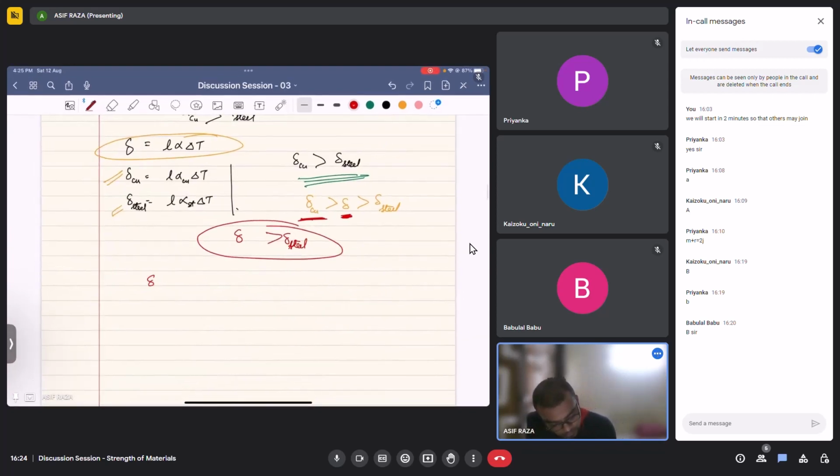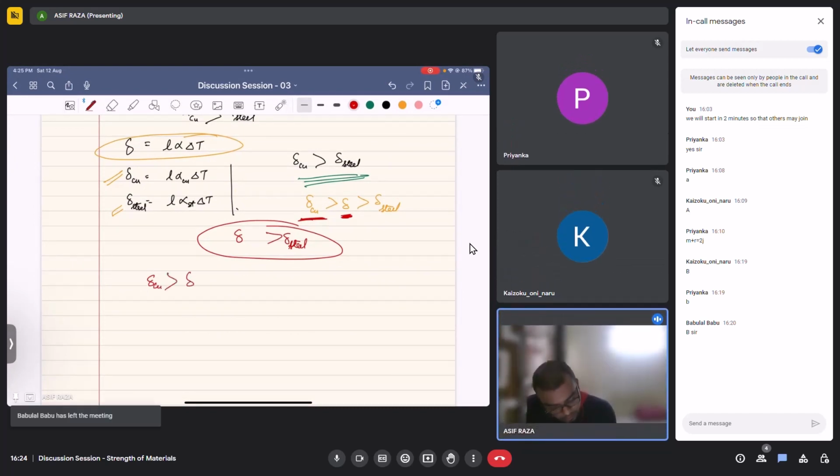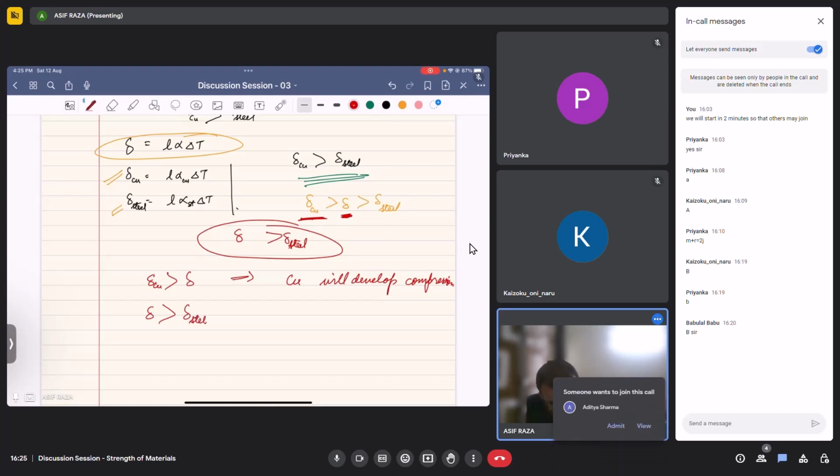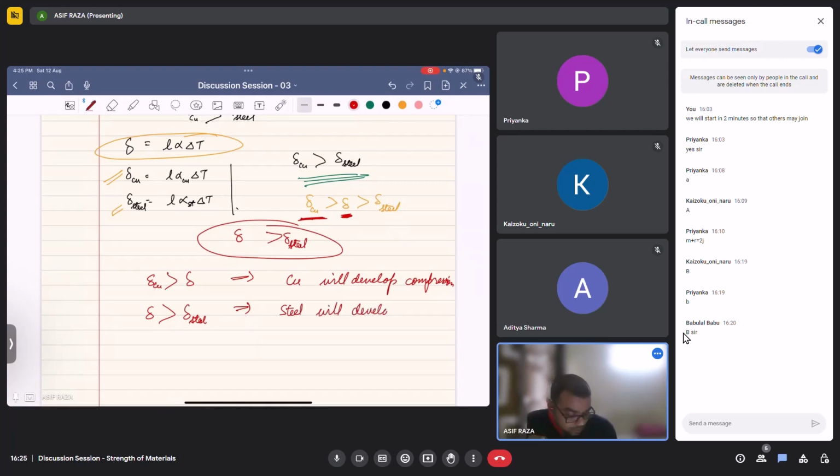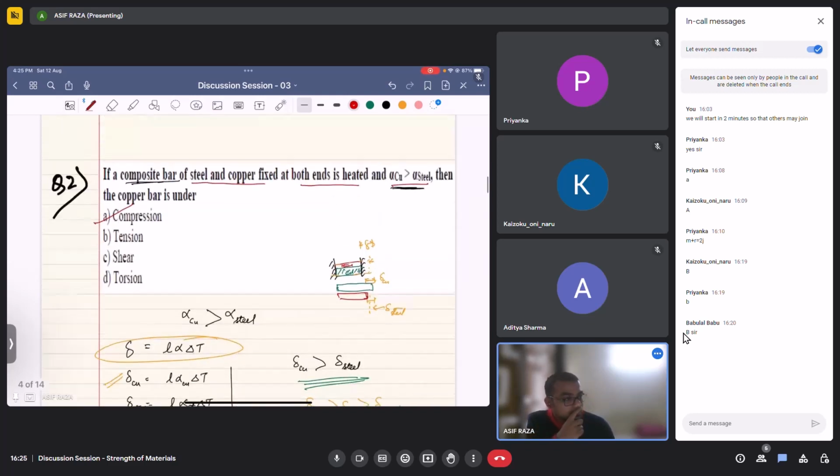Since delta Cu is greater than delta, copper will develop compression, while steel will develop tension. I hope this is clear.